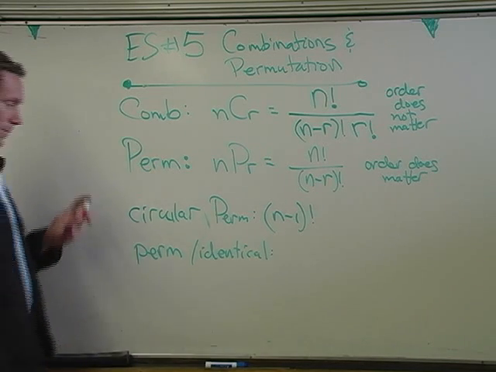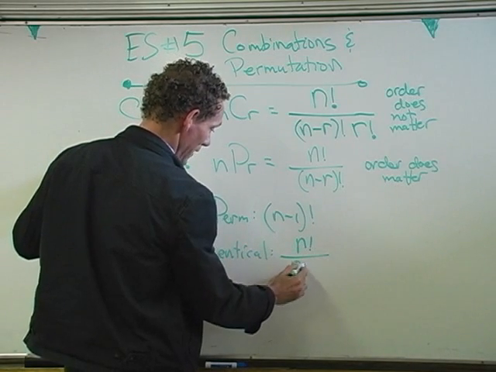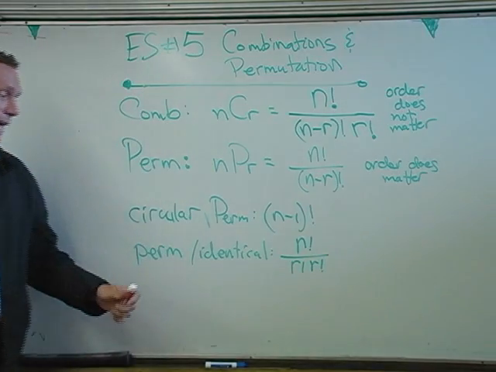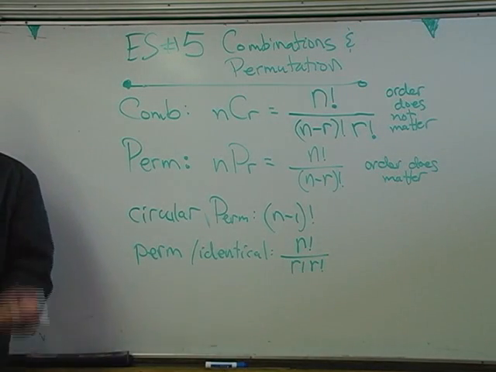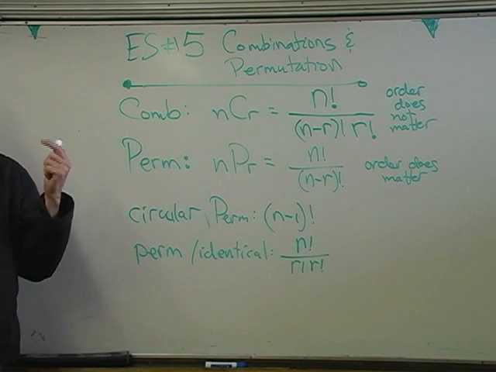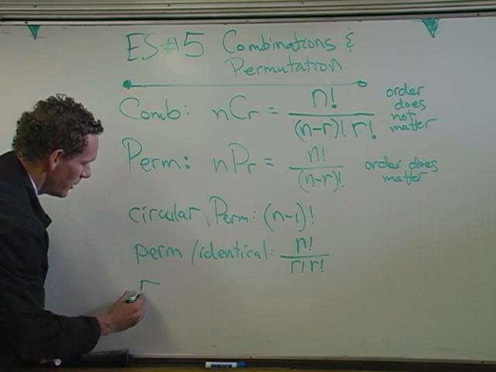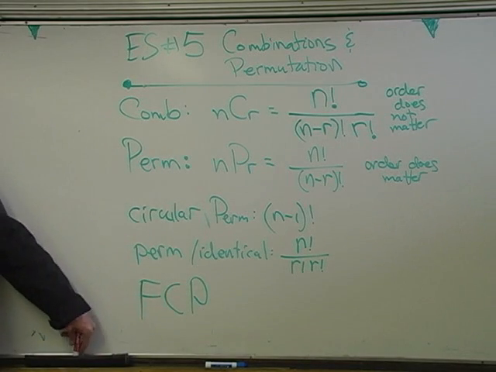And so n factorial over r factorial, etc. And lastly, associated with the combinations and permutations, we have the fundamental counting principle. What was our example that we went through over and over?